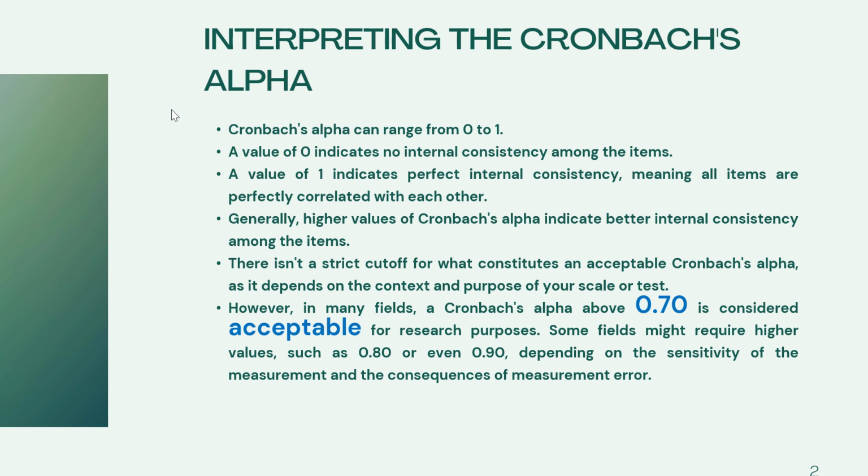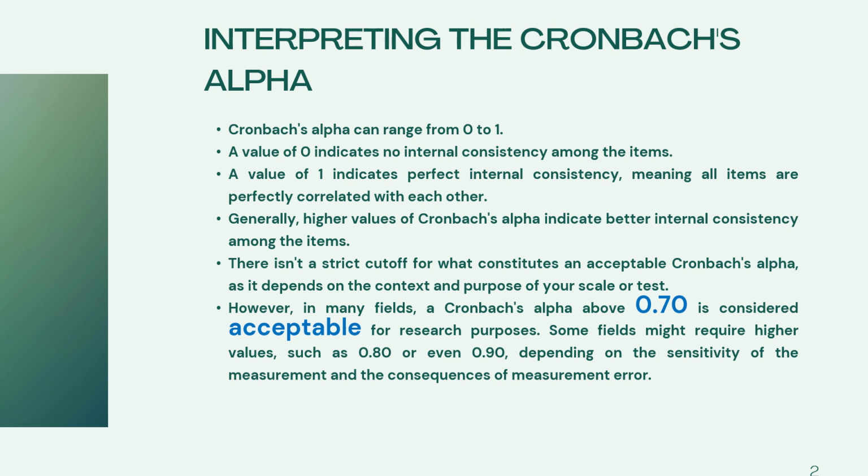Cronbach alpha can range from 0 to 1. A value of 0 indicates no internal consistency among the items. A value of 1 indicates perfect internal consistency, meaning all items are perfectly correlated with each other. Generally, higher values of Cronbach alpha indicate better internal consistency among the items.